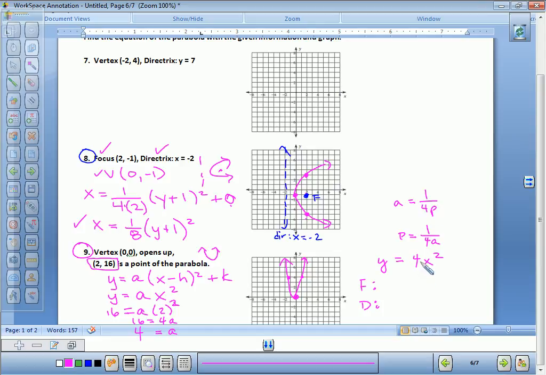Isn't that weird? All right, so we can find these things because P, in this case, is going to be 1/16. So the focus would be up a 16th, so it would be 0, positive 1/16. And the directrix would be down a 16th, so it would be y equals negative a 16th.